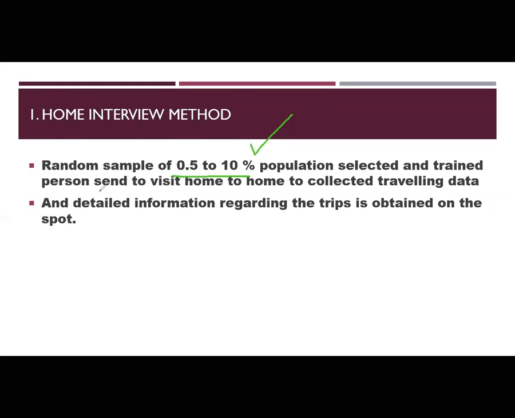They visit homes and ask a few questions from a questionnaire, such as where the person works, how much time it takes to go there, what the timing is, and so on.